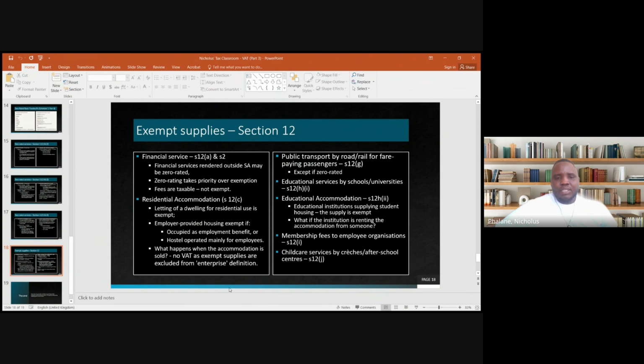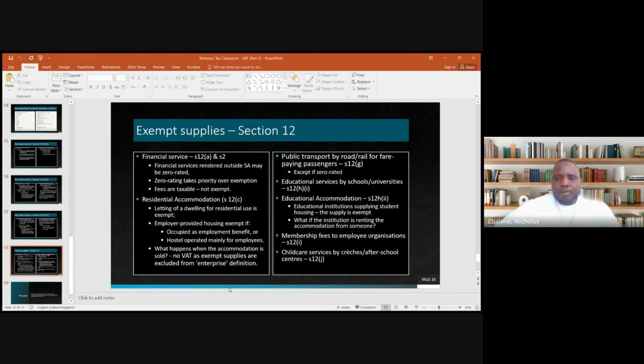Because the moment you say residential accommodation, you might want to exempt it in terms of Section 12C, but that wouldn't be technically correct. The technically correct reason would be that this is educational accommodation, because now it's provided by the institution to students. Then you exempt it in terms of Section 12H, Roman figure 2. All right.